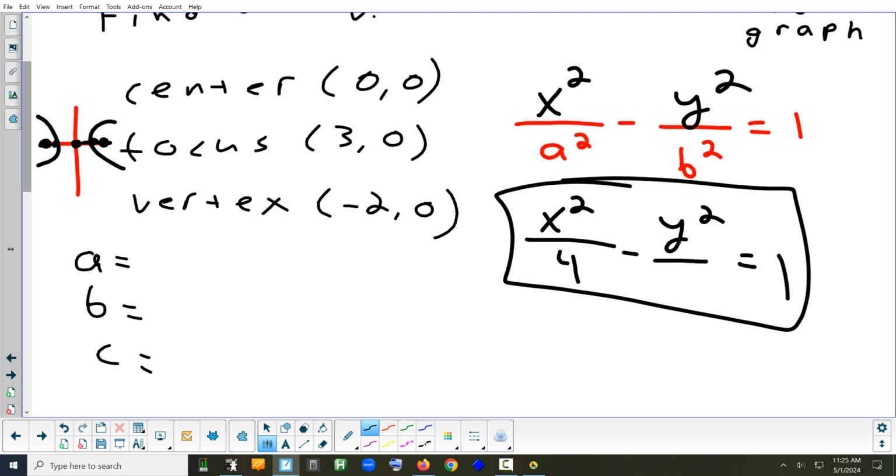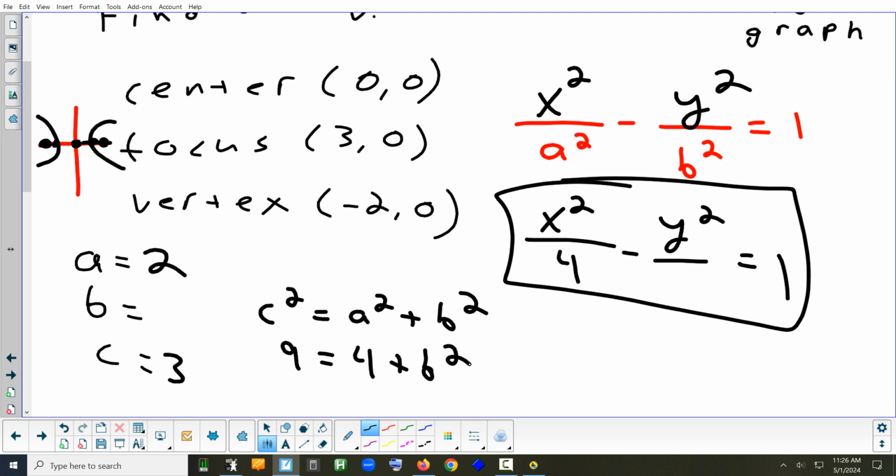What's the formula that relates A, B, and C? C squared equals A squared plus B squared. We know C, that's the center to the focus. What's the distance from the center to the focus? 3. So it's going to be 3 squared, which is 9. A squared, we already know that's 2 squared, which is 4. So what's B going to come out to? Square root of 5.